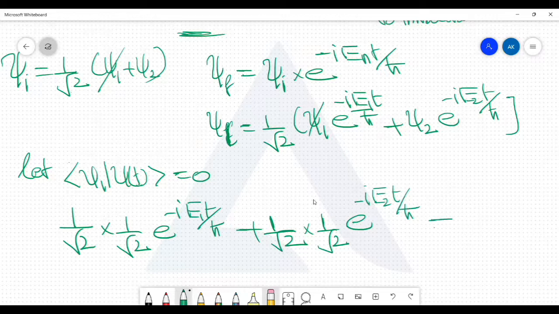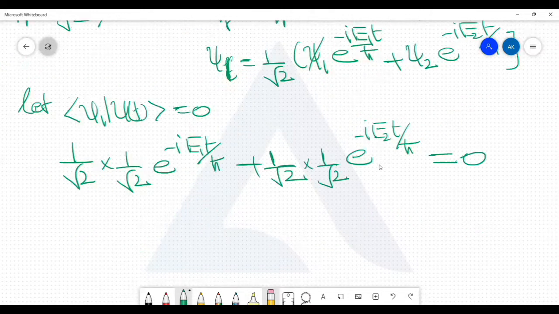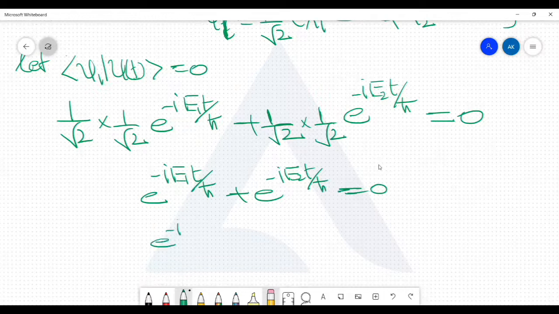If they are orthogonal, this is equal to 0. Right? That simply gives you e raised to minus i E1 t by h cross plus e raised to minus i E2 t by h cross equal to 0. Therefore, e raised to minus i E1 t by h cross equals minus e raised to minus i E2 t by h cross.